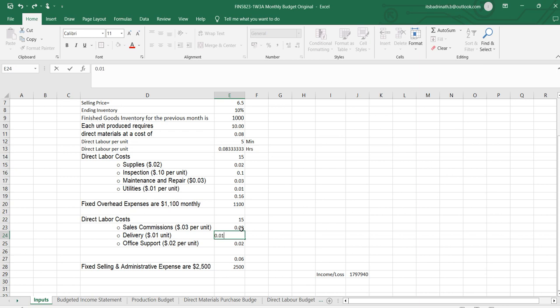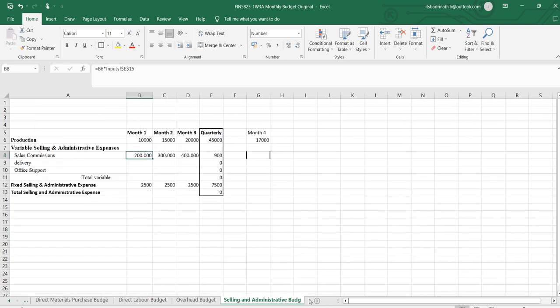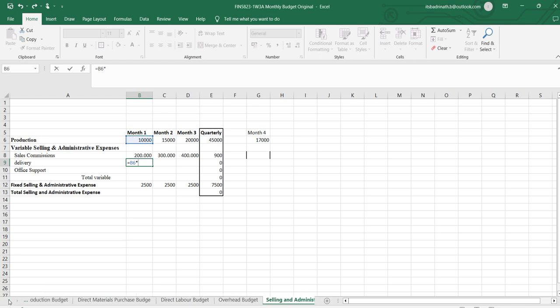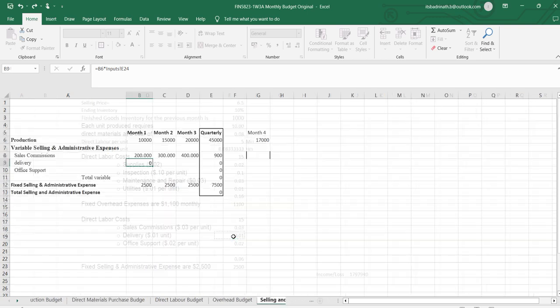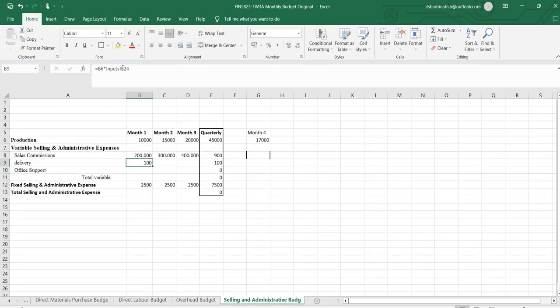This is fine, 0.03. Next one is for delivery. Again, we will take total production units times the delivery expenses. Again, I will make this one static. I will mark it like this.